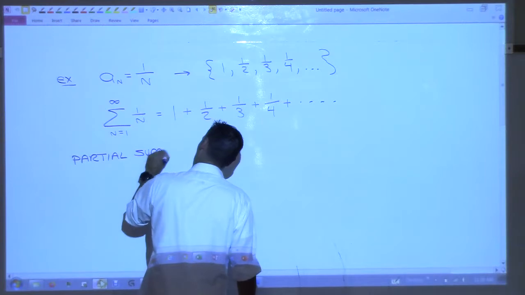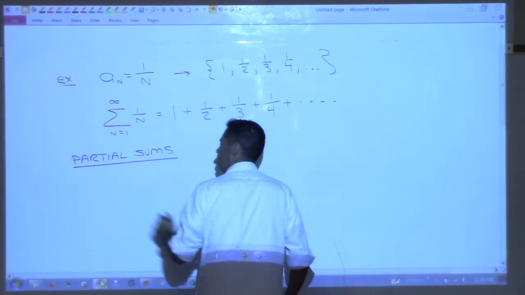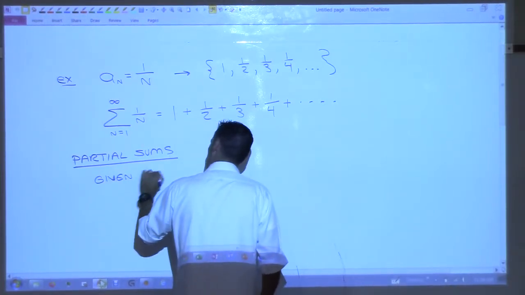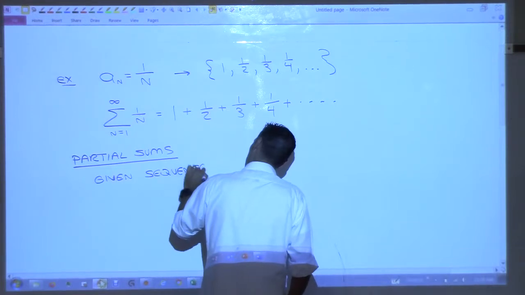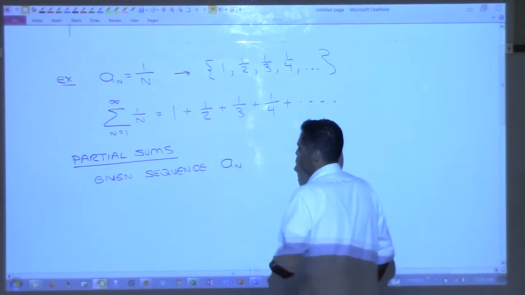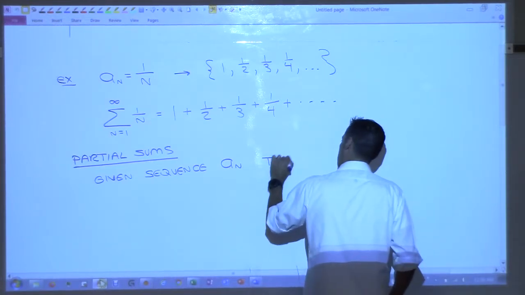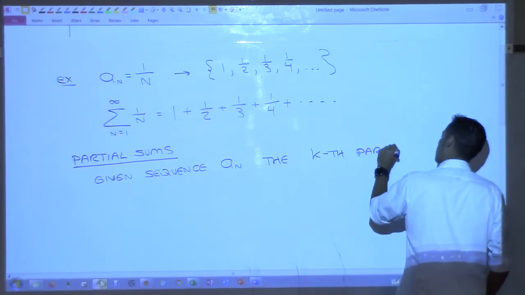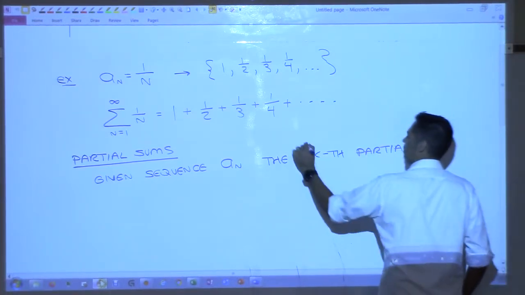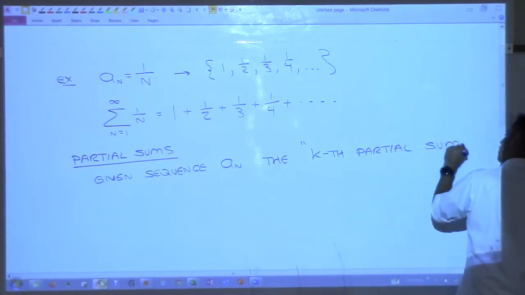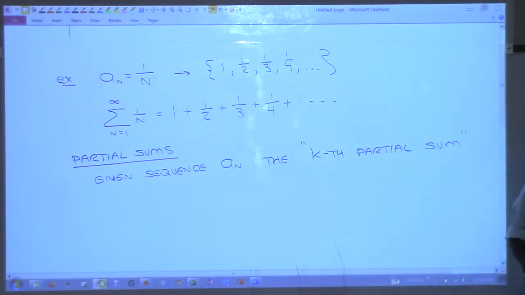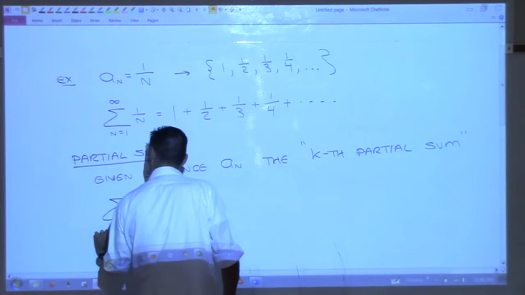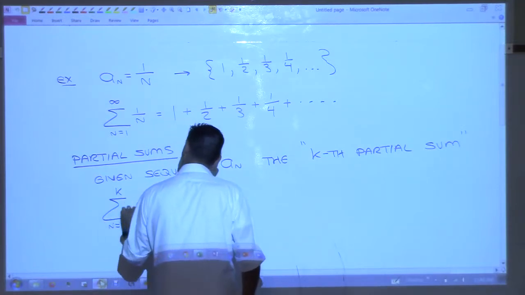Partial sums. So given a sequence A sub n, the kth partial sum is defined to be the sum n equals 1 to k of A sub n.